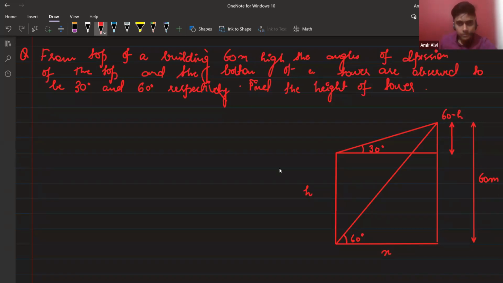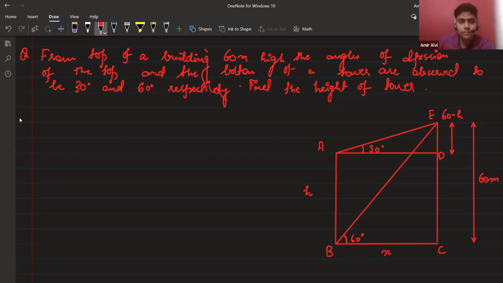Clear? So let's name the points A, B, C, D, and E. What we need is basically h. Tell me, everybody, can I find the value of x from triangle ECB? This whole triangle, the 60-degree triangle ECB, because 60 is given, x is not given.